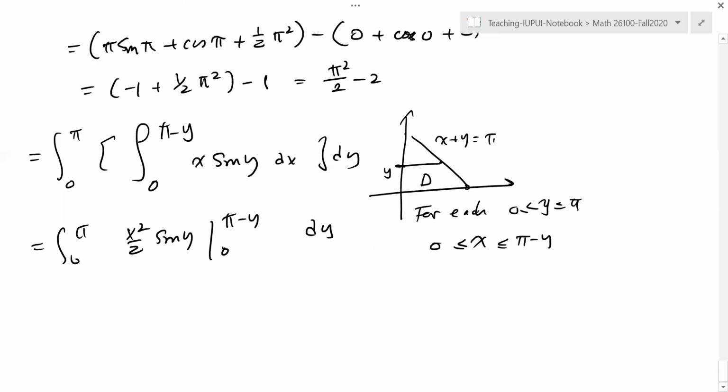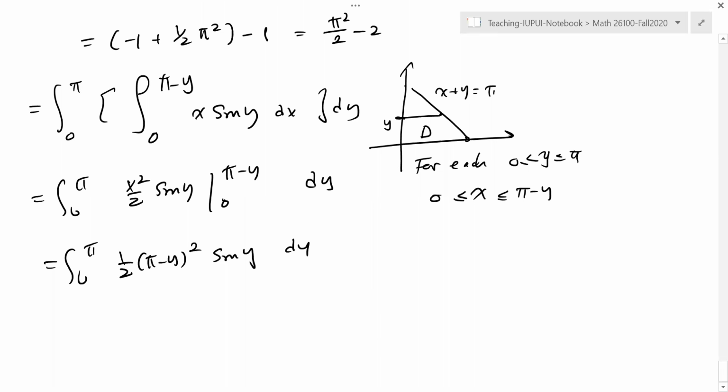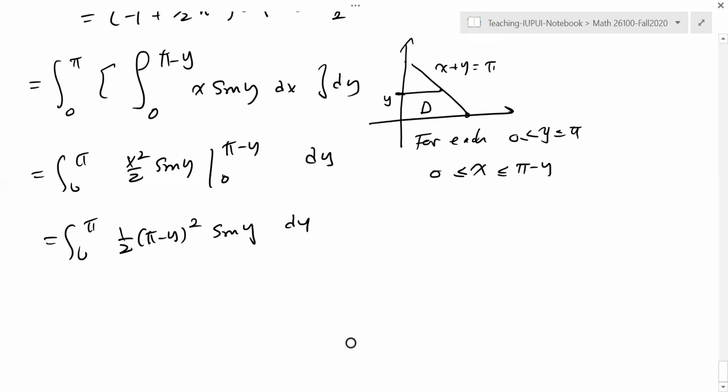So you get half of pi minus y squared. This is a little bit more complicated because it's pi minus y. You can use a substitution, change pi minus y squared to another variable, and you will still get the same answer.